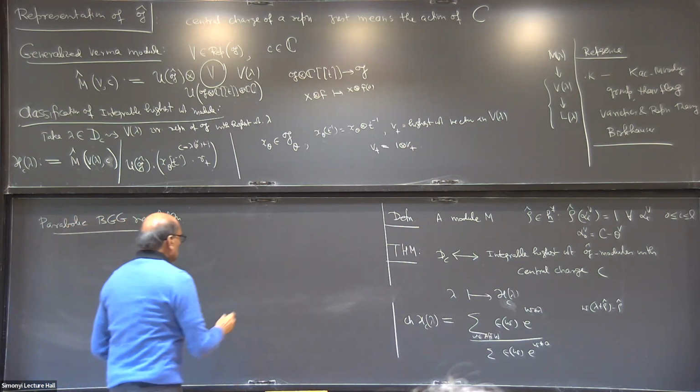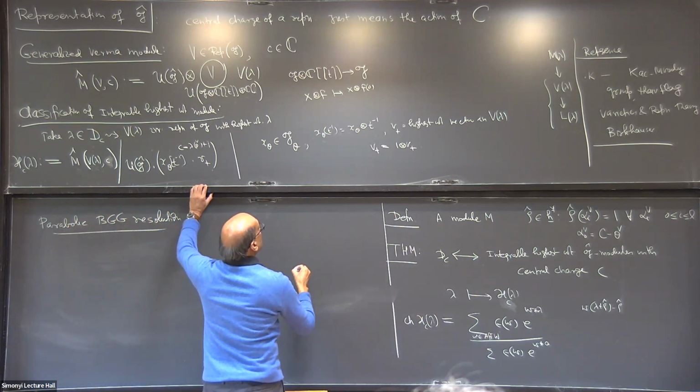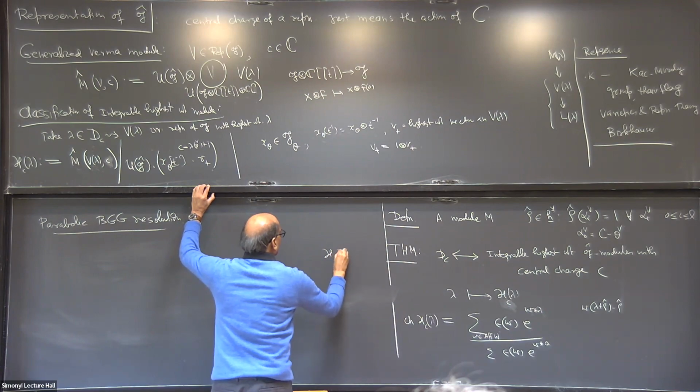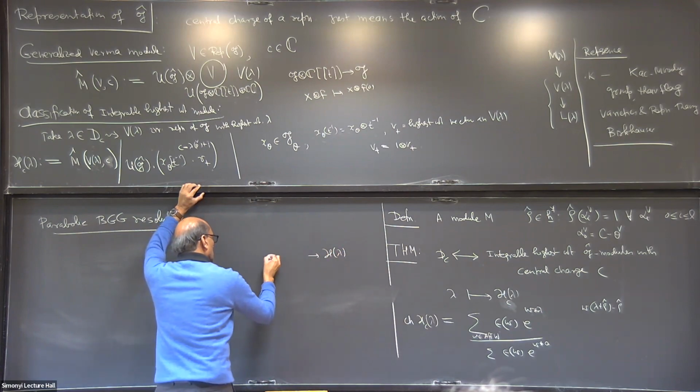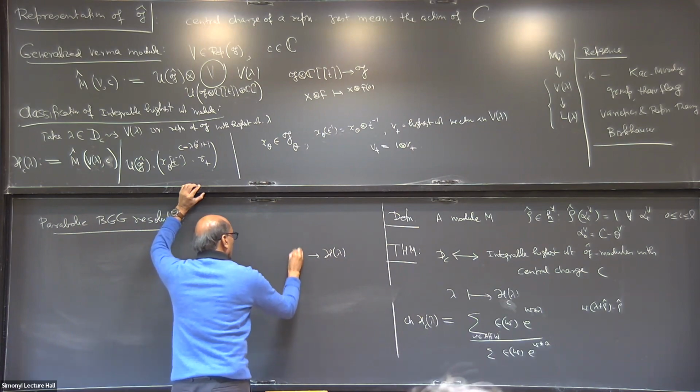So let's take this H lambda, and let me write F0, F1, and so on.